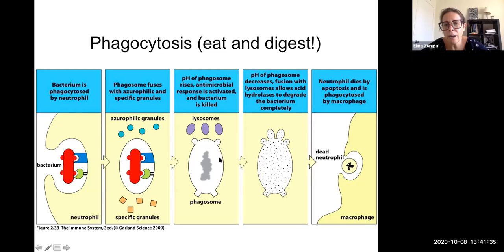And this fusion of the phagosome with the lysosome will form the phagolysosome that will completely destroy the bacteria. And what happens with the neutrophil is that after it destroys the bacteria, normally the neutrophil is very short-lived and it will die. And like any apoptotic cells, and we will learn more about that, it will be taken up by a macrophage to clean up the debris, right?